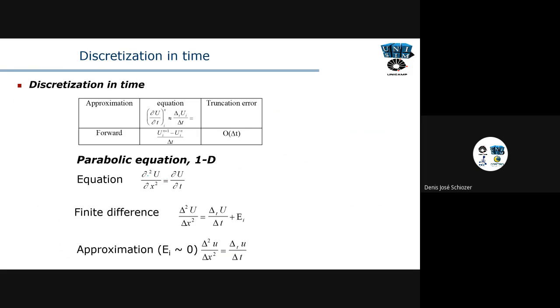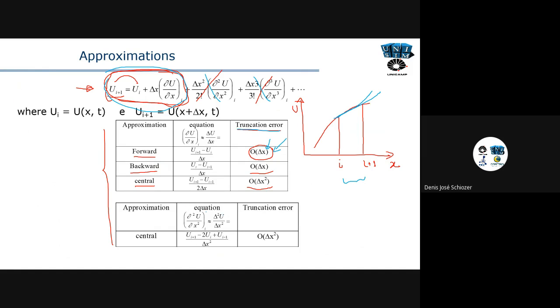Okay, if you want to solve equations like this, as a simplification, I'm going to approximate this equation here by using this approximation. So instead of using this, I'm approximating it using this simplification.